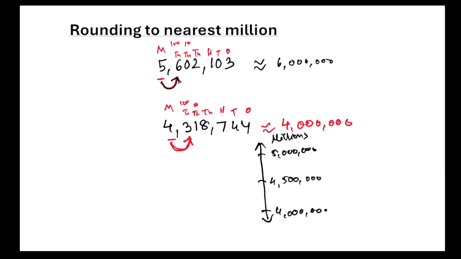So 4,318,744 will lie somewhere here. I'm using a different color. 4,318,744. So the nearest million will be 4 million.